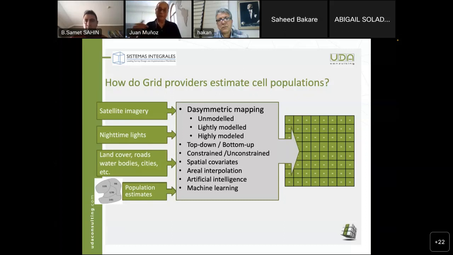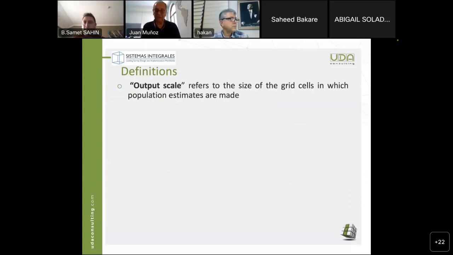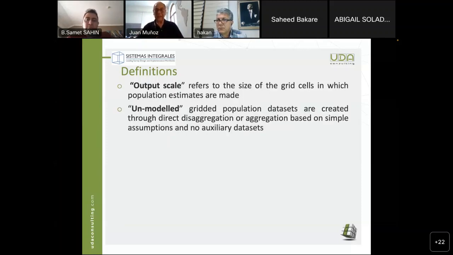Just for your information, in the next slide, we are presenting some definitions about some of the terminology that is used. We refer to output scale as the size of the grids. Whether it's 30 meters, 250, or 1,000 meters, this is the output scale.